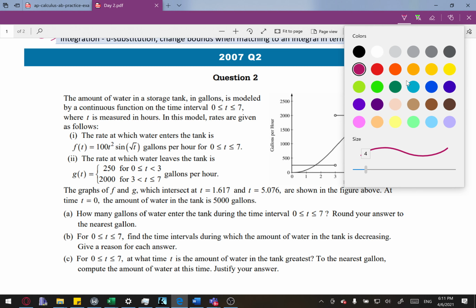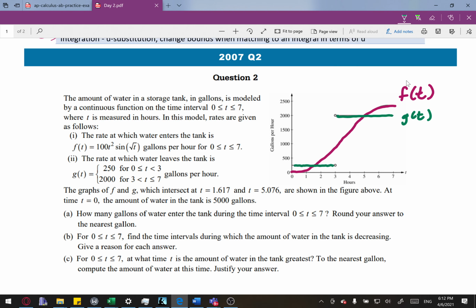Okay. So our graphs of f and g intersect at these t values that they were given here. At t equals 0, the amount of water in the tank is already 5,000 gallons. I want to know how many gallons of water entered the tank during our interval from 0 to 7, and then to round our answer to the nearest gallon.